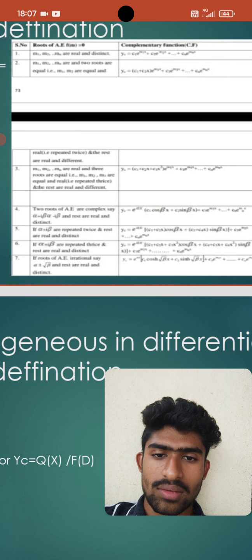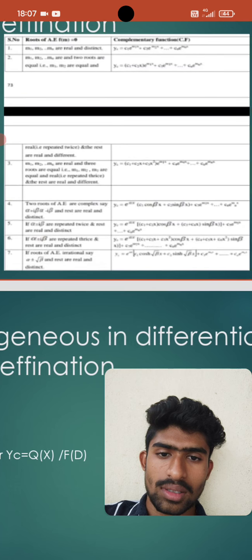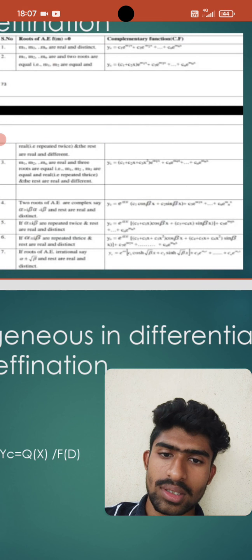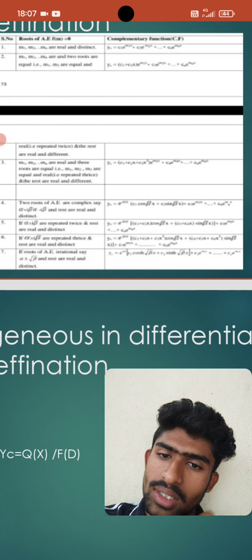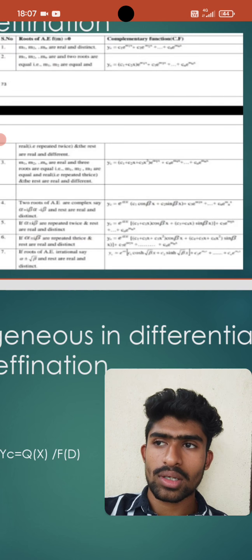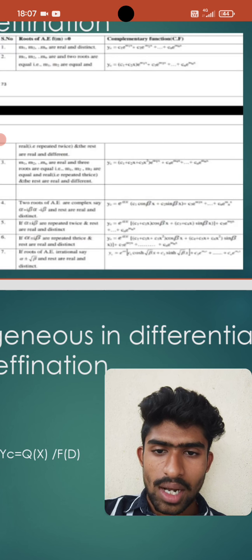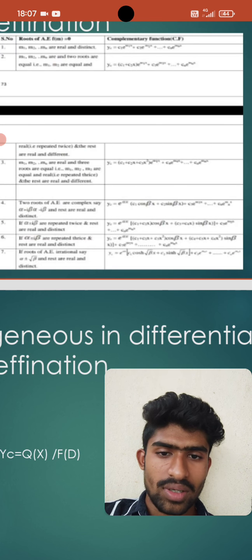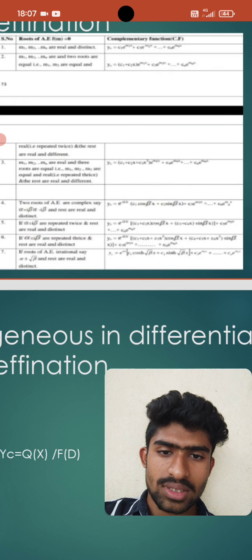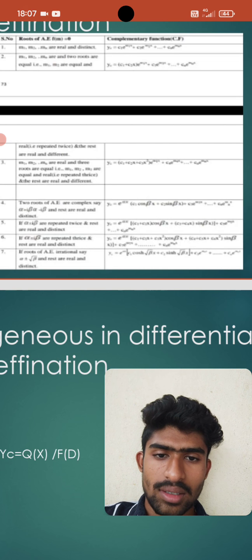Now consider one root real and the others complex distinct. The complex roots are of the form lambda plus i beta, where yc equals e power lambda x (c1 cos beta x plus c2 sin beta x) plus c3 e power m1x, where m1 is real.